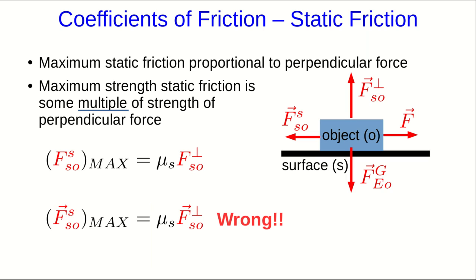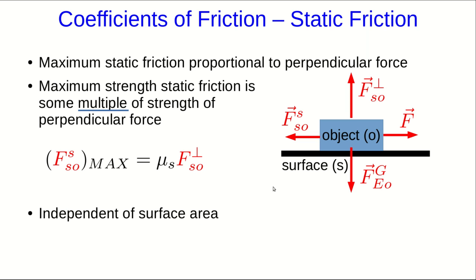The other thing this equation is not saying is that the static friction vector maximum is related to the vector perpendicular force, because of course these are forces in different directions. They're not proportional in that sense, only their magnitudes are proportional.